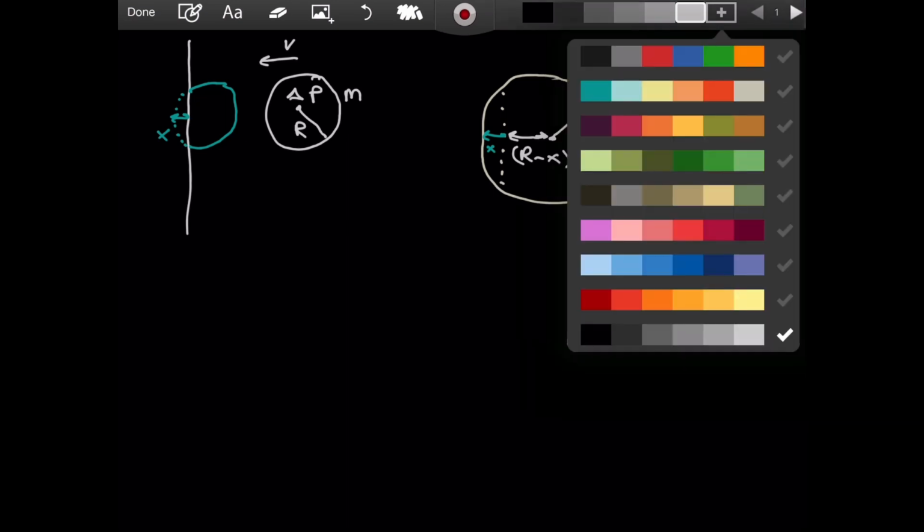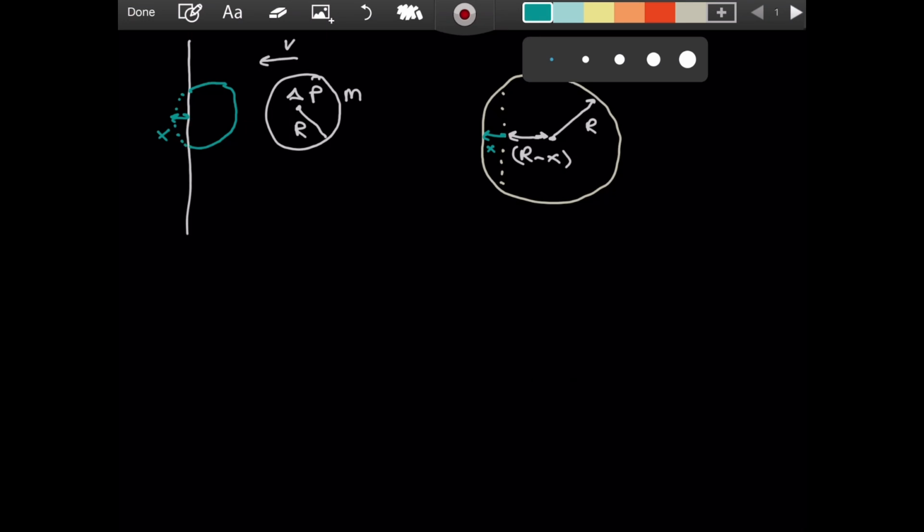And if I call this small case r the radius of the area that the ball hits the surface, it will create a circular image on the wall, let's say, and the radius of that image is r, small case r. This distance is of course still R, the radius doesn't change.